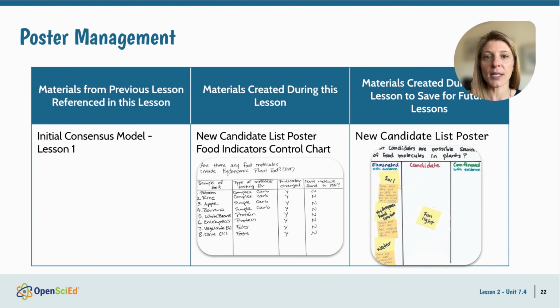This is where we categorize our suspects into above the surface versus below the surface. You'll want to keep this poster as we refer to it a lot. Over the next few lessons, I keep this poster on my whiteboard. You will also make a new poster titled the Food Indicator Control Chart. This is a class reference for both the positive and negative color changes for the indicators. This poster can be discarded at the end of the lesson.